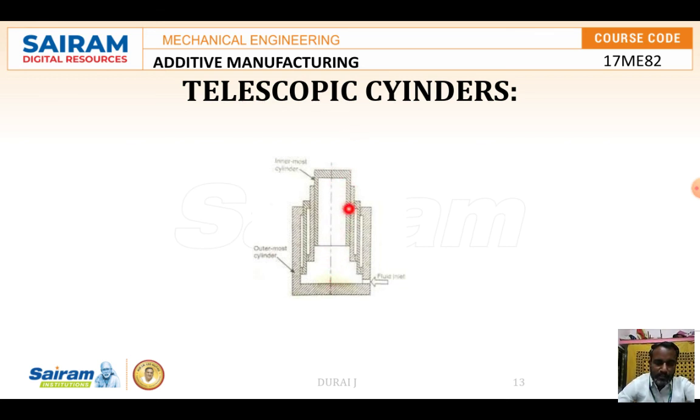When we want to stop, once the direction control valve is changed, due to the weight the fluid automatically comes back into the reservoir. Like this, the telescopic cylinder works.